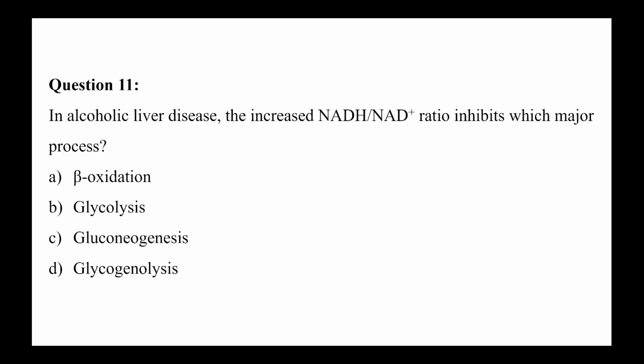In alcoholic liver disease, the increased NADH by NAD plus ratio inhibits which major process? Option A, beta oxidation. Option B, glycolysis.